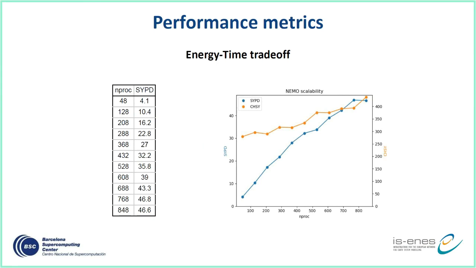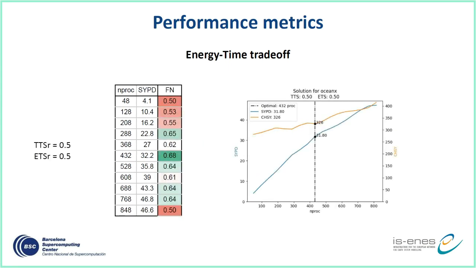So why should we use that? When we've got the different scalability points for a component, we normally have the table, then we build this type of plots, and then we can start saying, okay, it seems that after 800 processes, it's not scaling. We can start talking about this plot for a while and then choosing one by just looking at this graph. But with this metric, you can set up, for instance, a time to solution ratio of 0.5.